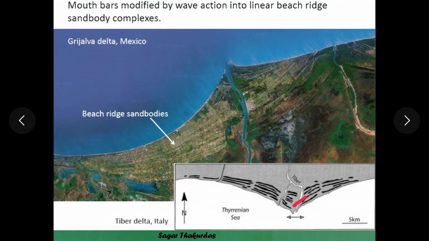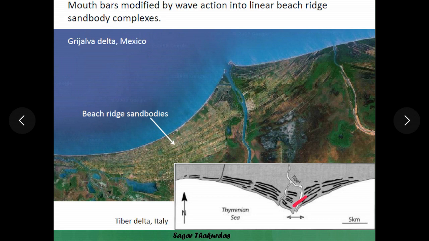Here again you can see how the sediments deposited by the delta distributary channel in the form of mouth bar here is redistributed by the waves to form this smooth coastline. So with repeated transportation of sediments by the longshore drift currents or waves, you see formation of barrier bars, parallel ridges of sand or hills of sand.